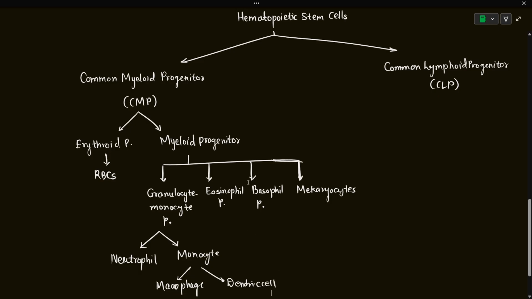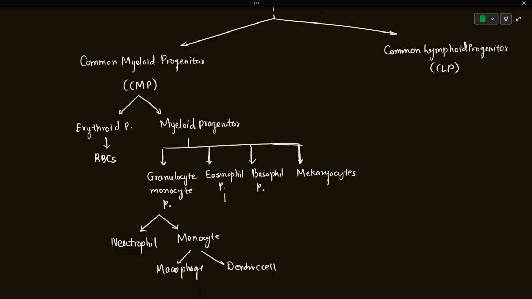Okay, the eosinophil progenitor, obviously, is going to form eosinophils. The basophil progenitors are going to form basophils in future, while the megakaryocytes, if they get differentiated, are going to form the platelets of the blood. So these are the different myeloid cells, the cells belonging to the myeloid lineage, that can be formed by the differentiation of the myeloid progenitor.